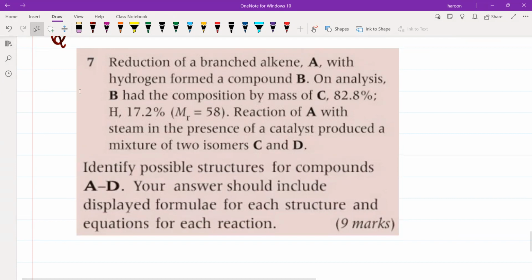Reduction of a branched alkene A with hydrogen formed a compound B. On analysis, B had the composition by mass carbon 82.8% and hydrogen 17.2%. Reaction of A with steam in the presence of a catalyst produced a mixture of two isomers C and D. Can you tell me how we can find which compound it is from A, B, C, D?